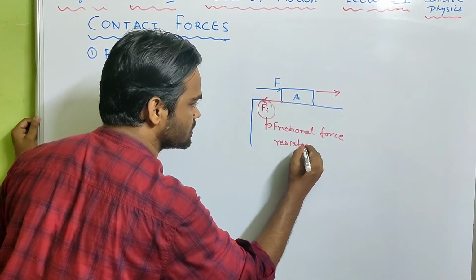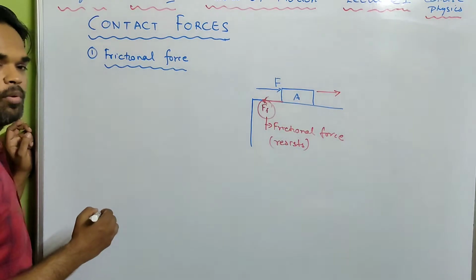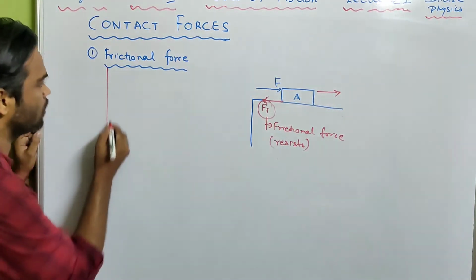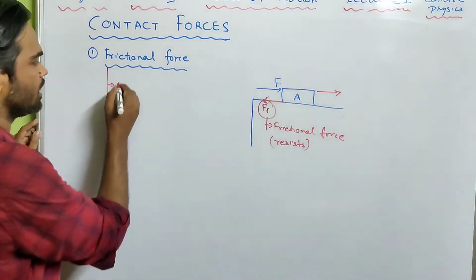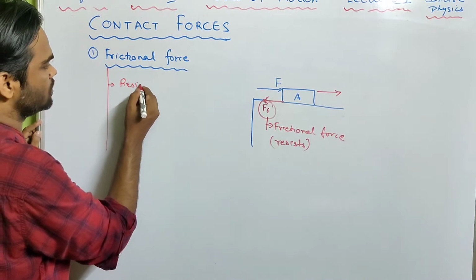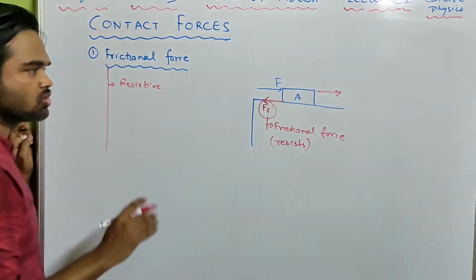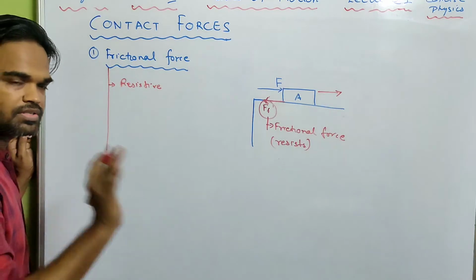It resists the motion of the body, which means we can say, what is frictional force? It is a resistive force. It tries to slow down the motion, resist the motion.